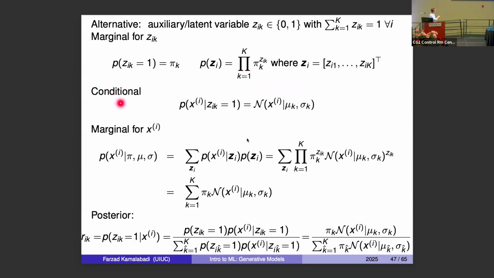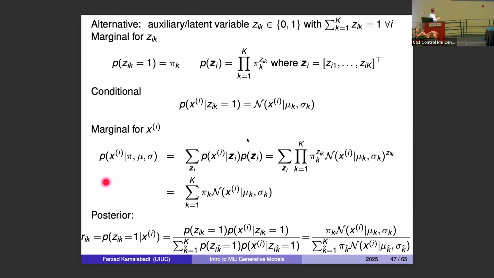Okay, and then you can write the conditional for it. The conditional is the probability of x given z, which, of course, is Gaussian, because we are modeling this as a Gaussian given the parameters of the Gaussian.